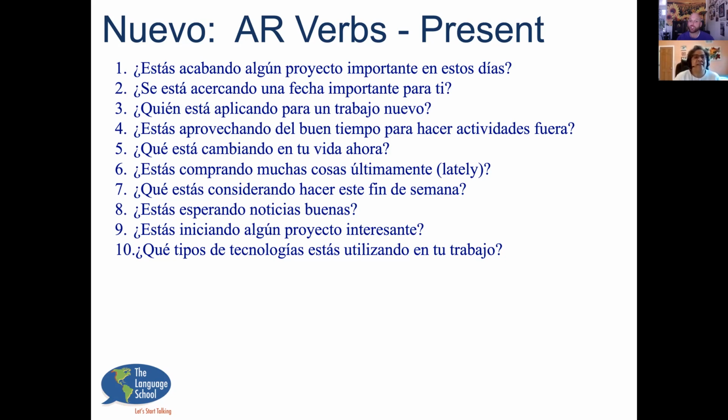¿Estás comprando muchas cosas últimamente? Sí, estoy comprando muchos libros. Muy bien. ¿Qué estás considerando hacer este fin de semana?